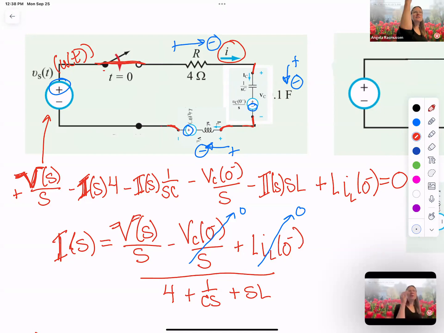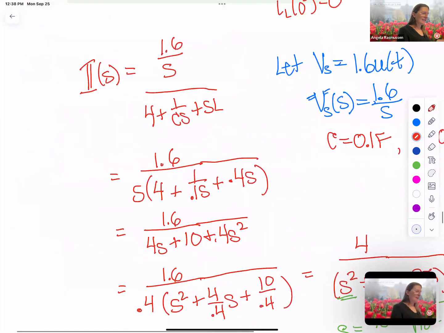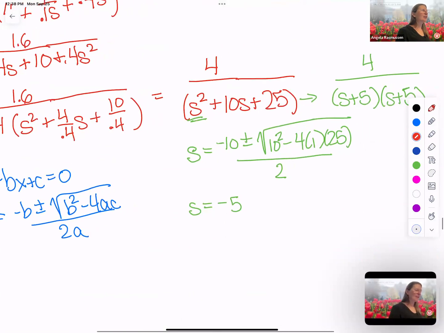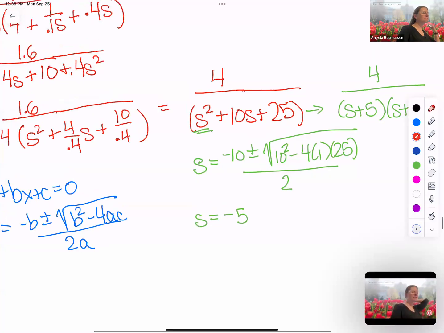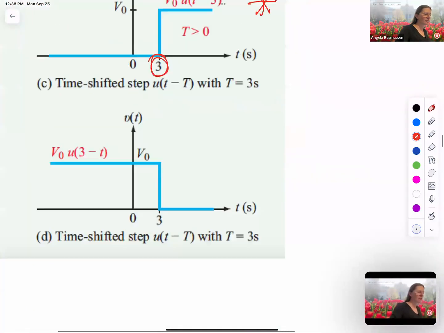If parallel, I'm probably going to have to take node voltage. And I got this nice equation that ended up having a very easy root to find. I could have looked at that and said it was S plus 5, but I didn't see it, so I used the quadratic. From there, I look at the table to see which pairs would match it.